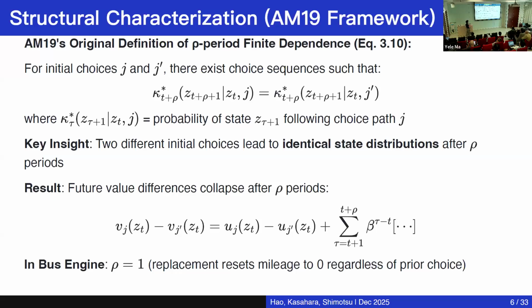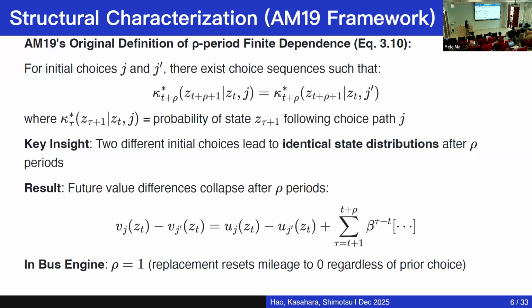It basically says, let kappa be the conditional distribution over the discrete state after rho periods, conditional on your current state being Z, and the current choice being J and J prime.